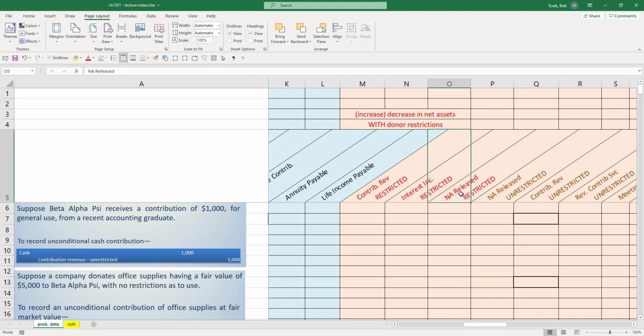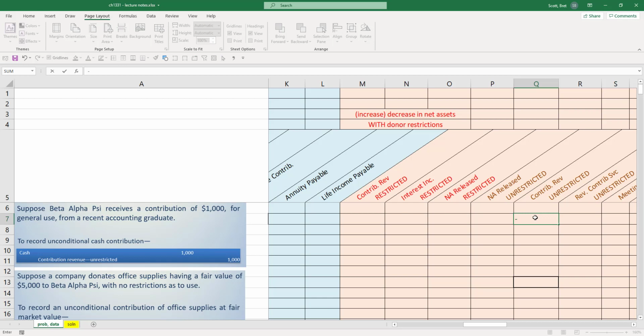So when people donate money to a not-for-profit corporation and they impose upon the nonprofit to use the money in a specific way, that money must be used for those purposes. But if money is being donated without any restriction, which most donations are, as in this case, then generally speaking, the contribution is considered unrestricted.